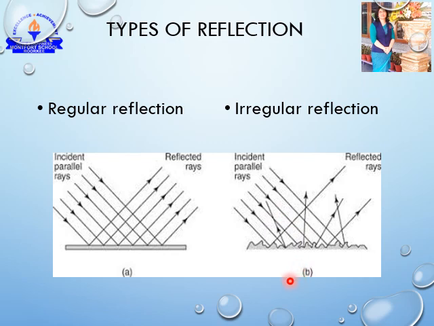Hence, when the reflection of light takes place on a rough or irregular surface, this reflection is known as irregular reflection or diffused reflection.